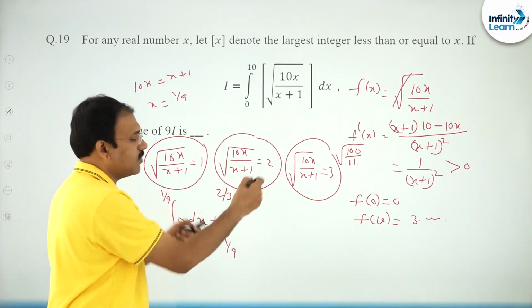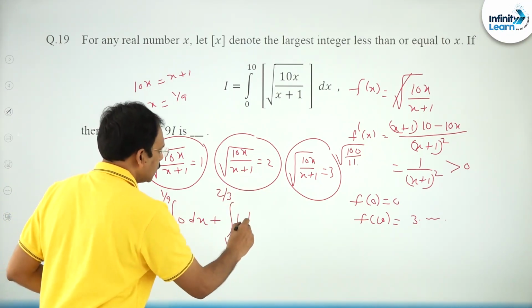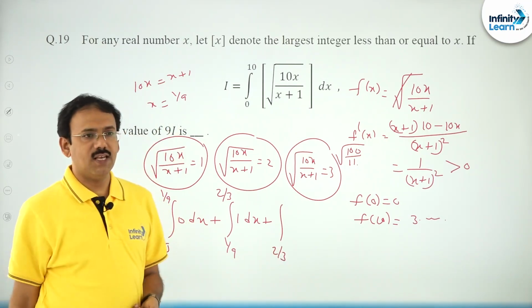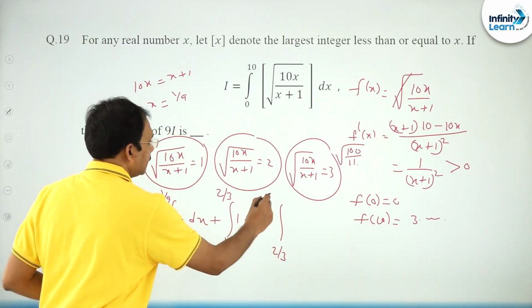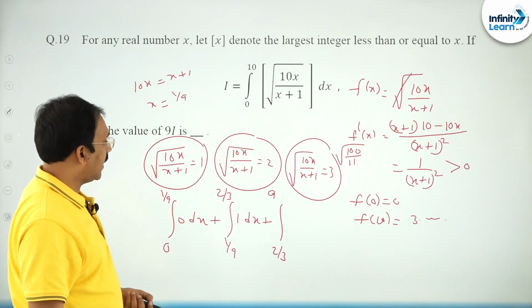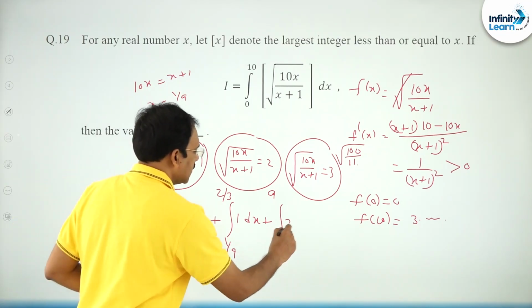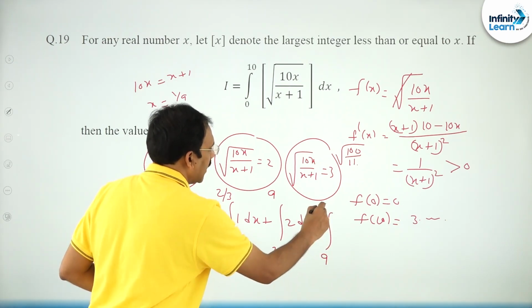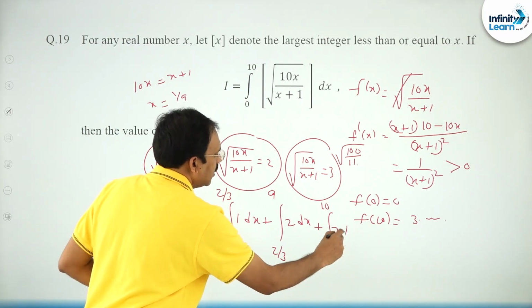In this case the value lies between 1 and 2, so 1 dx, plus the integral from 2 by 3 to 9, step 2 dx, and for the rest, from 9 to 10, it is going to be 3 dx.